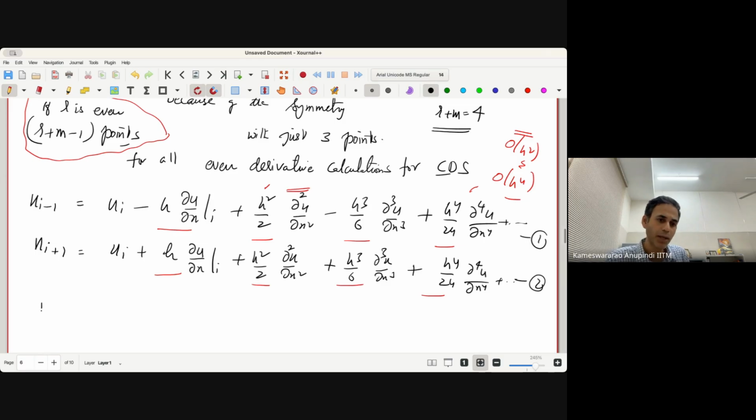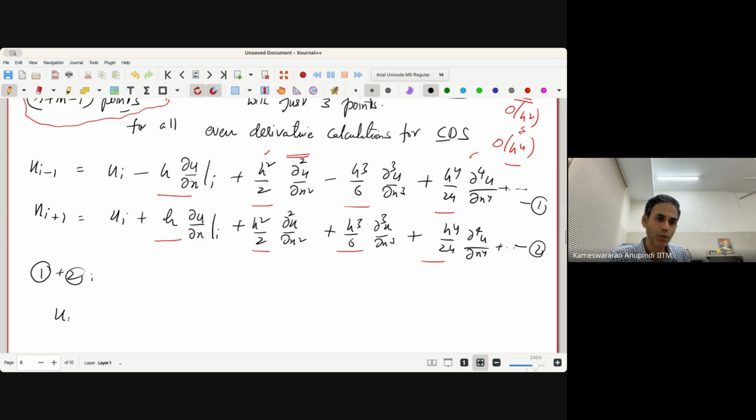That means I'm going to simply add equations 1 and 2, which is going to give me on the left-hand side u_{i-1} plus u_{i+1} equals, on the right-hand side, 2 times u_i plus h square by 2 plus h square by 2. So this is going to be h square ∂²u/∂x². Then plus, this is going to be 0. This is going to be order h power 4.